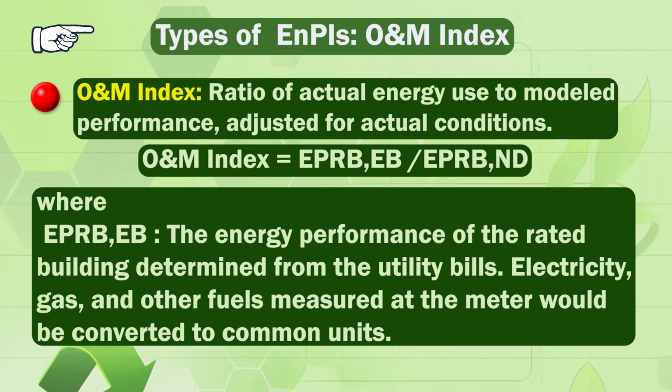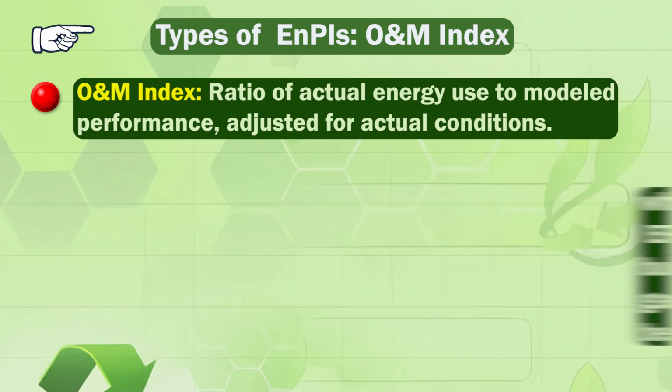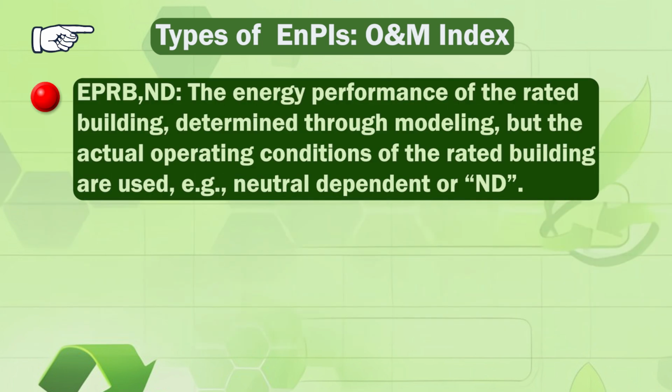Electricity, gas and other fuel measured at the meter would be converted to common units, and EP RB, ND is the energy performance of the rated building determined through modeling, but with the actual operating conditions of the rated building, that is neutral dependent or ND.